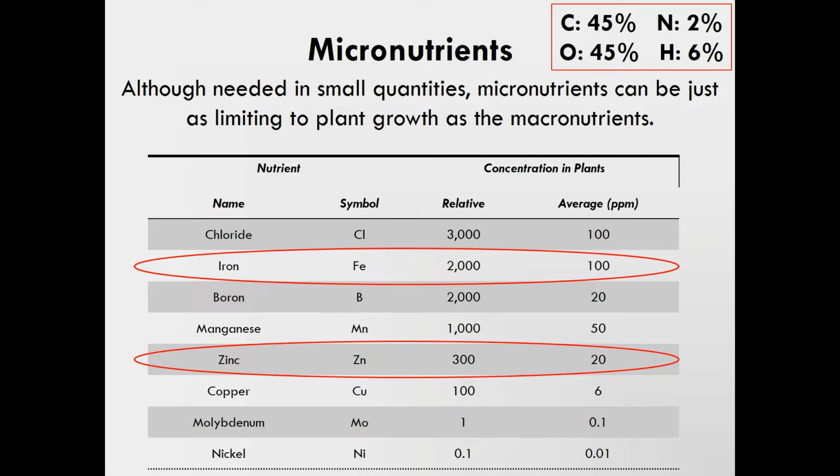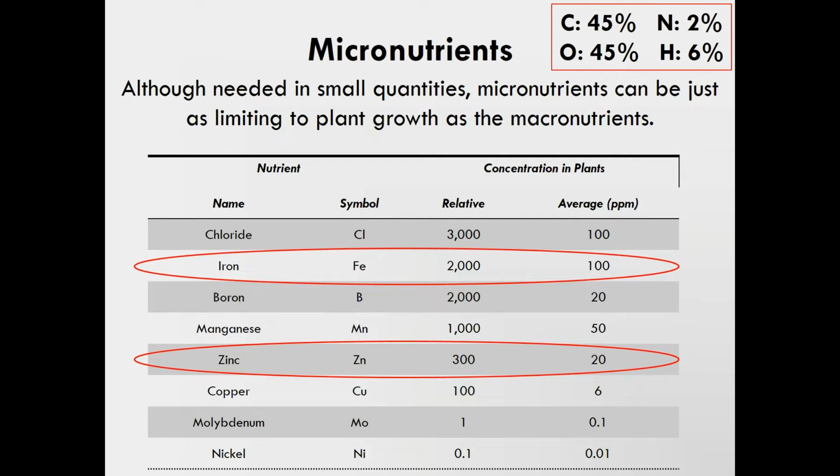If you were to convert those values to parts per million, plants contain 450,000 parts per million of carbon and oxygen, 60,000 parts per million hydrogen, and 20,000 parts per million nitrogen. Compare those values to iron and zinc, and you can fully understand the difference between macronutrients and micronutrients. Regardless of whether they are lacking in the atmosphere or the soil, you're going to see a deficiency symptom.